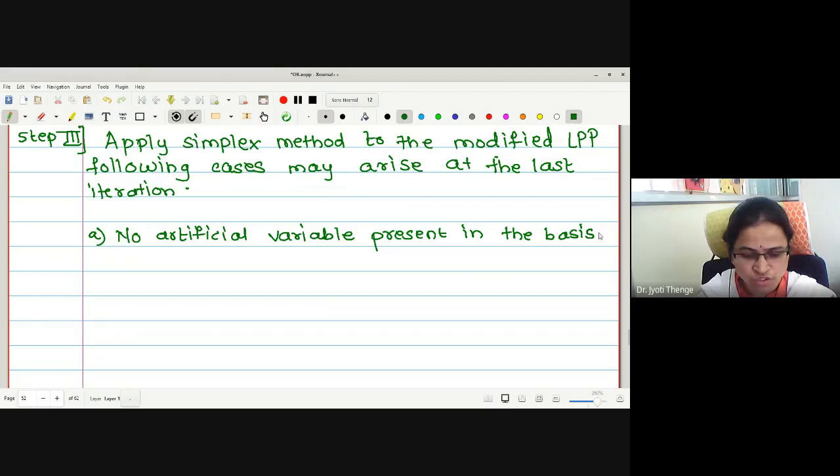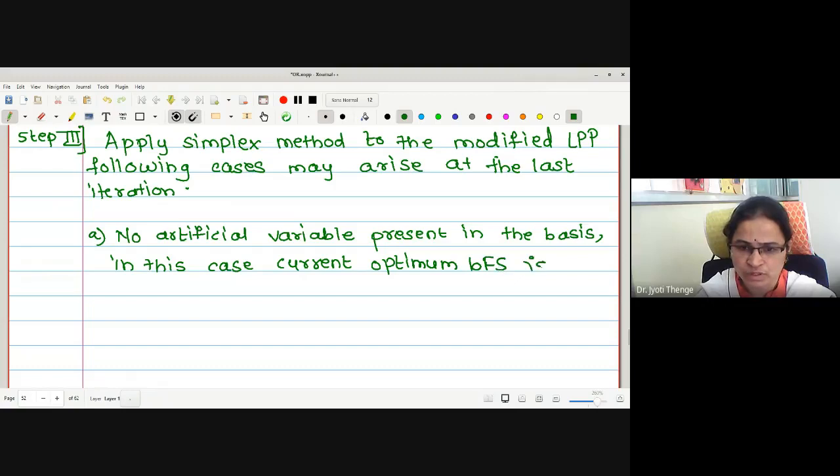If this is the situation, then in this case, whatever is the current optimum solution will be the final solution. In this case, the current optimum basic feasible solution is obtained.